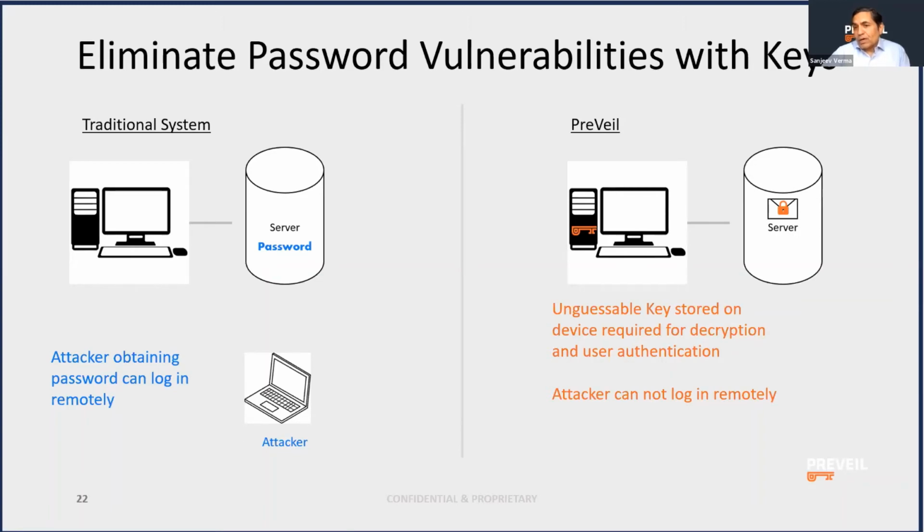Instead, your email address serves as your identity, and a set of public-private key pairs is created, and your private key is stored on your device. And that's what authenticates you in conjunction with a device key. So your private key is on your computer and your phone, a different device key for your phone, and a different device key for your computer. And you don't need to know anything about these.